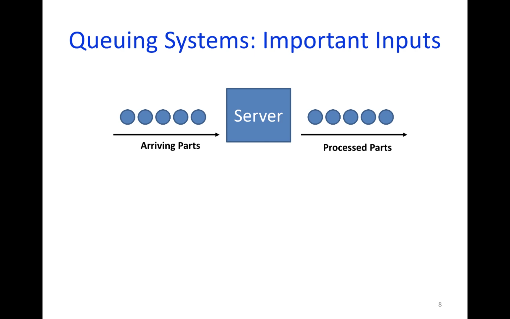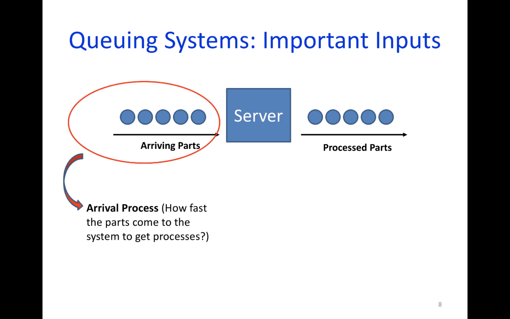But what is important is that to be able to model this system, to be able to answer questions related to this system, in either simulation or queuing theory, we need two important inputs. The first important input is the arrival process, which is information related to the frequency of the arrival of parts or customers to the system, how fast they come to the system to get processed.